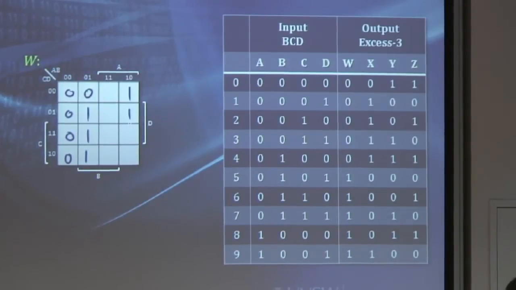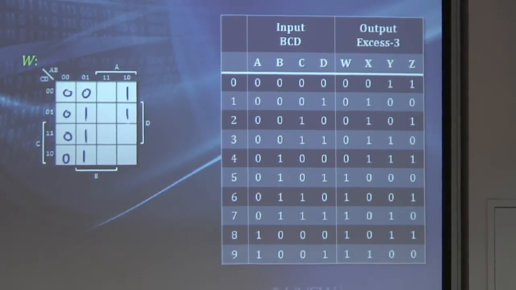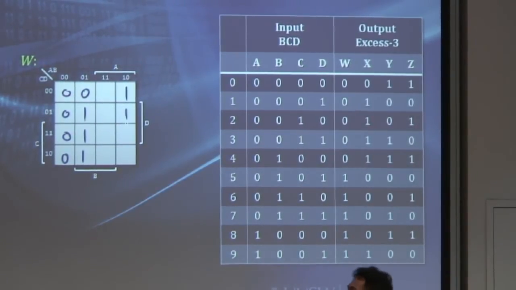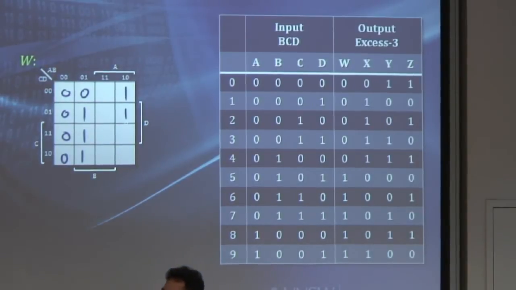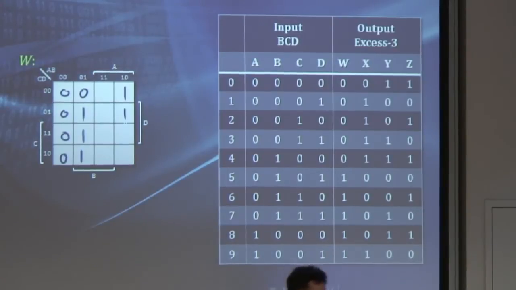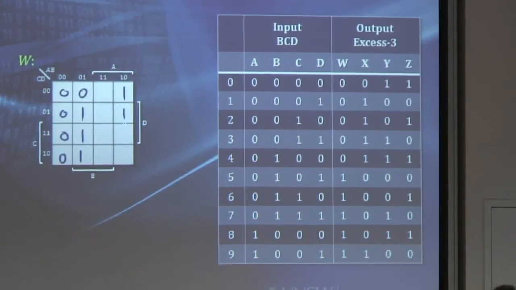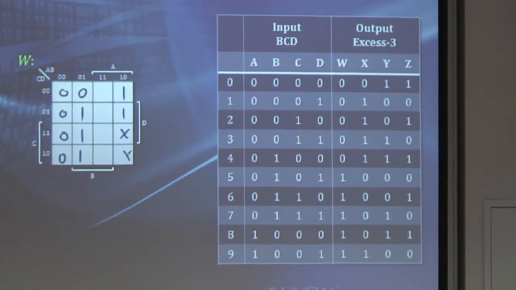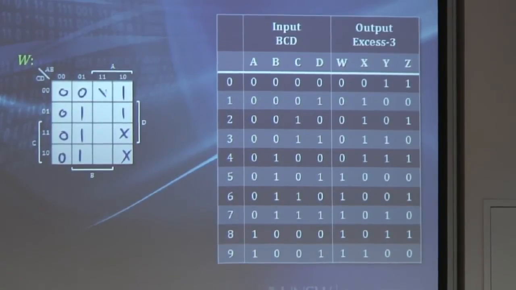In later lectures, we talk about what to do when we have don't care conditions, and whether we always want to use don't cares, or force them into some values. For now, we'll just use don't cares because it does simplify our function.